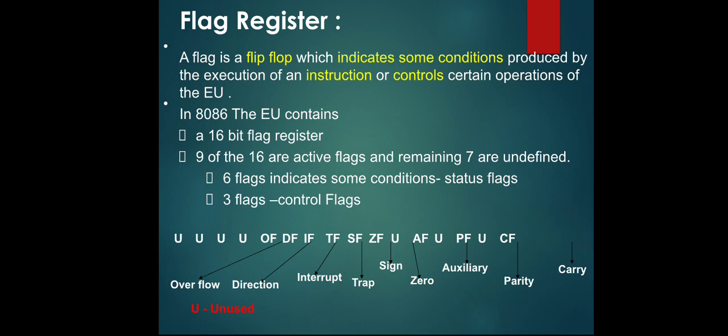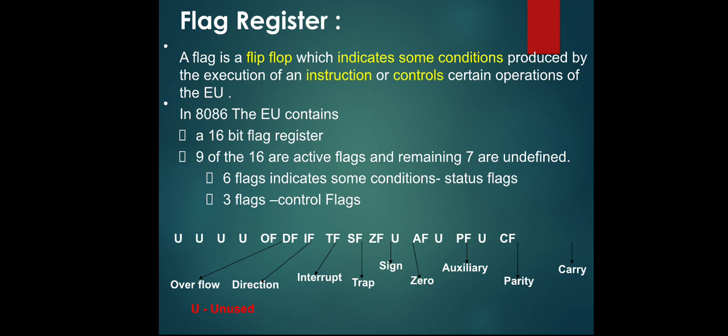Now let us look into the flag register of the 8086 microprocessor. The 8086 has a 16-bit flag register which contains 9 active flags. The remaining unused bits are kept reserved for future purposes.